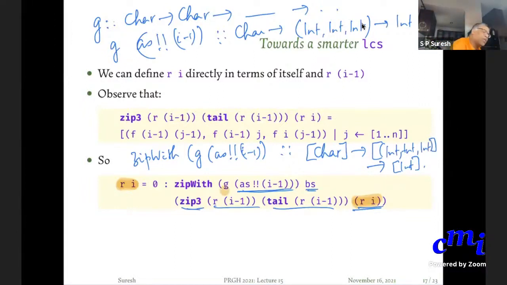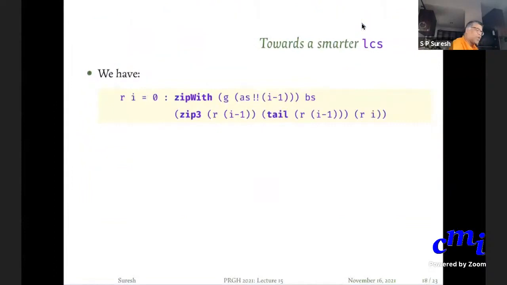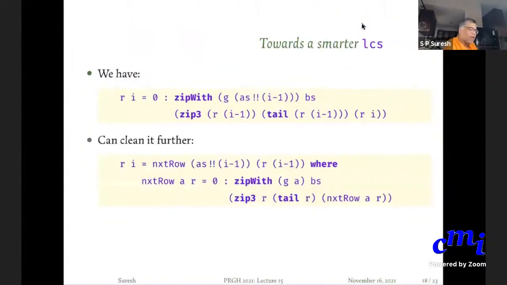Just like we generalize this function as g, you can actually generalize this process, and what you will get is you can define a next row function. Next row of a letter a, which corresponds to this r i minus 1, and you can compute the next row, which is r i.